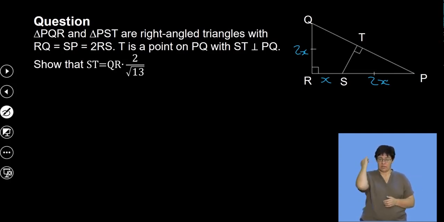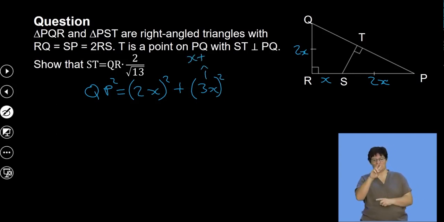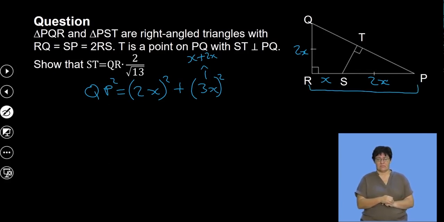So using the theorem of Pythagoras, I will first find what QP is. QP squared will be equal to 2x, all of this squared, plus the 3x. And where do I get the 3x from? I get it from adding the x plus the 2x, which is the side RP.